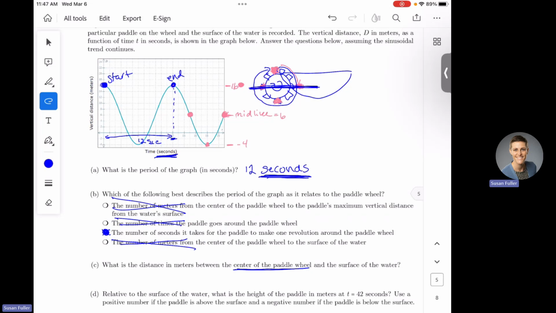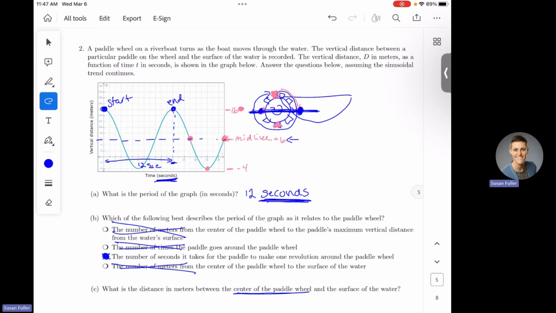That's going to happen at the midline of this whole thing because that's when we're halfway down to the bottom and we're halfway back up, right? So the midline is going to happen at the vertical halfway point. That's where the middle of this wheel is. And we found that the midline of this whole thing was 6 meters. So the center of the paddle wheel is right here, at 6 meters.